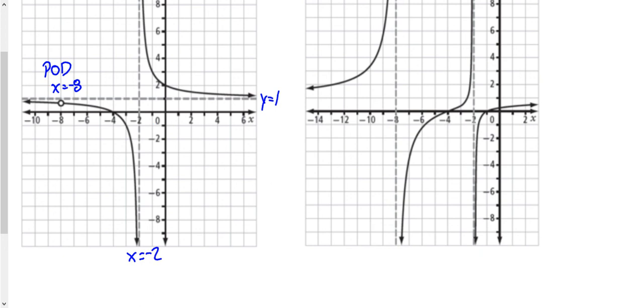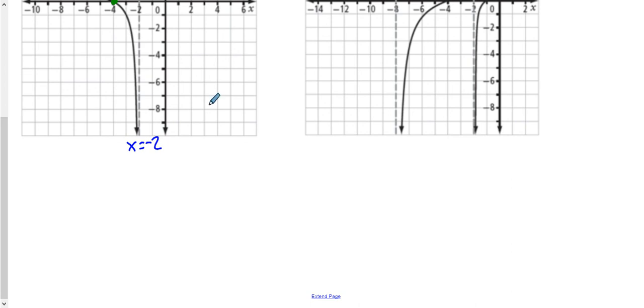I also try to read other coordinates that I can more or less read. I have an x-intercept right here, so that's negative 4, 0, and I have a y-intercept right here that's at 0, 2. I can definitely read those coordinates, so I'm going to use that somewhere in my equation. So in my equation, I'm going to set up y equals, let's start off with our vertical asymptote first.